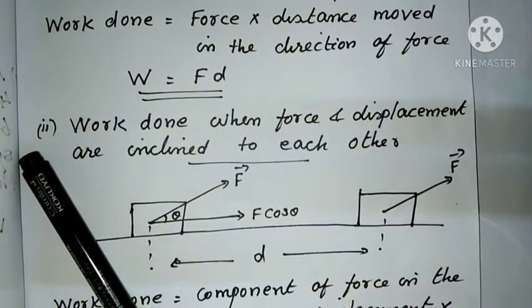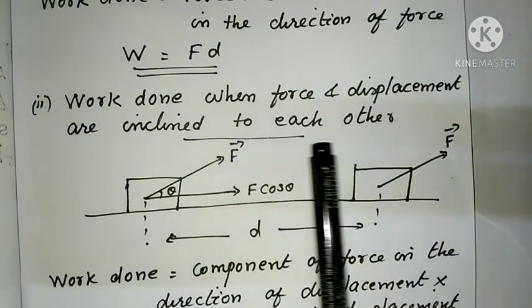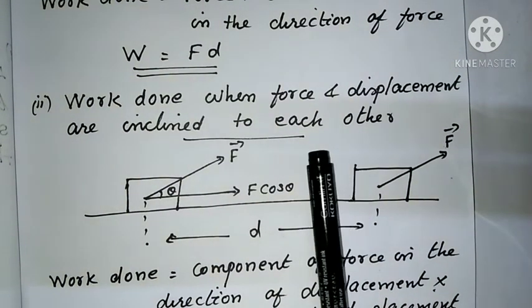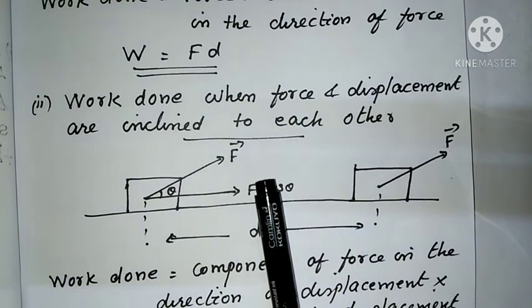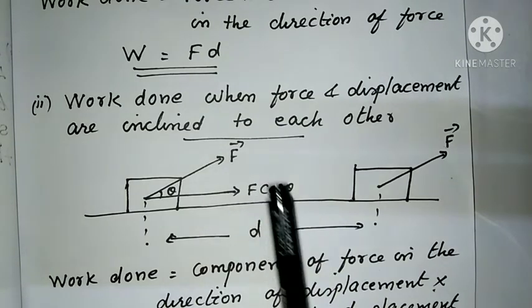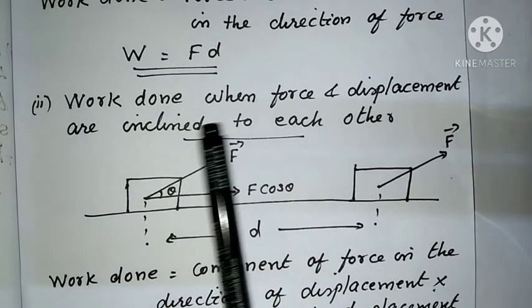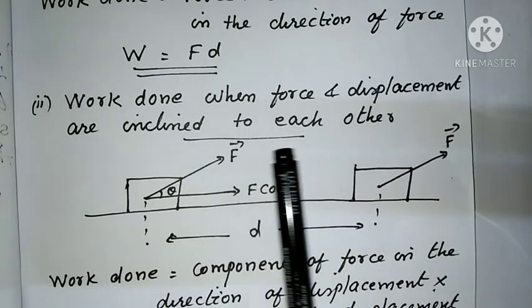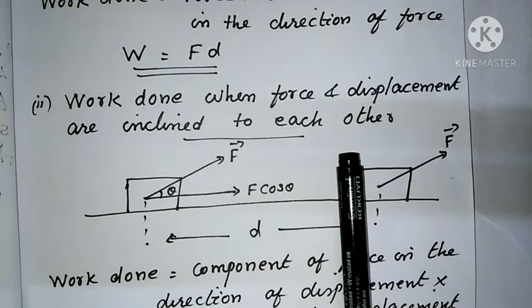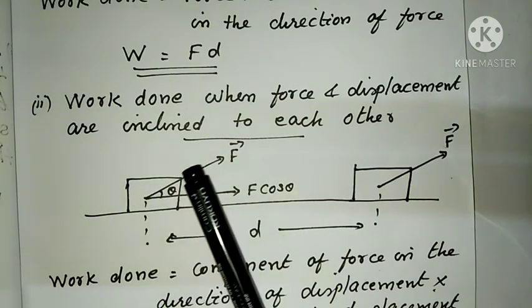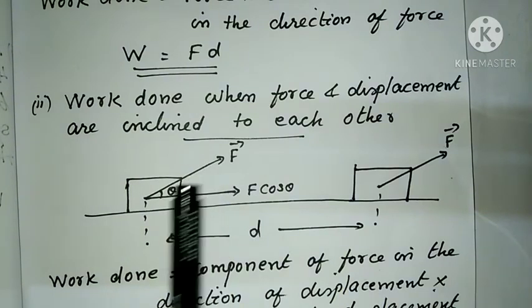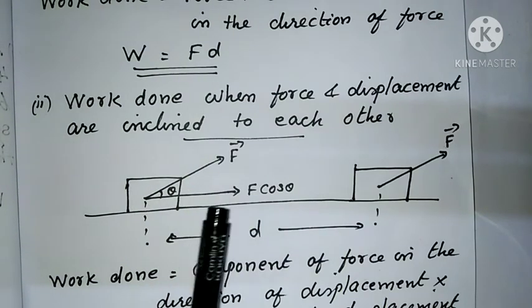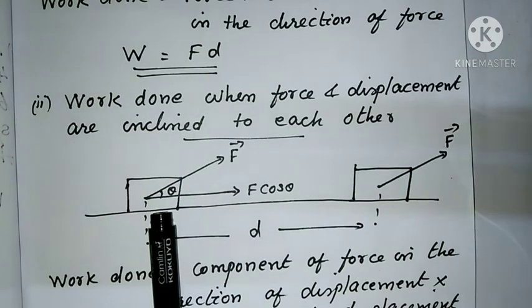But when the force and the displacement are inclined to each other, then what is the work done? This is the main concept we are going to study in the chapter. Here, we are applying a force inclined to the surface with an angle theta.